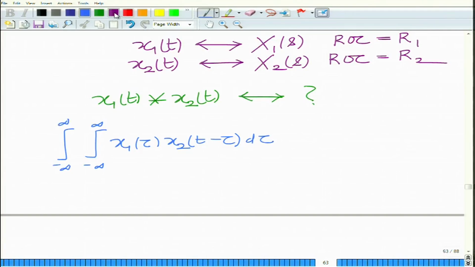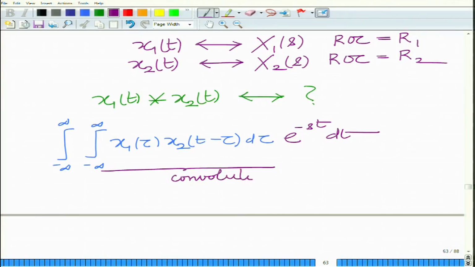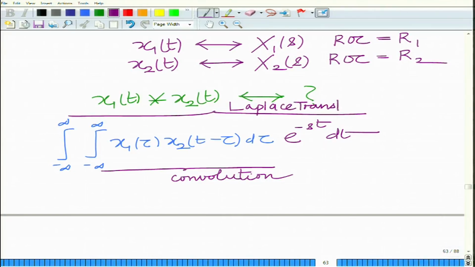So, this is the convolution, the inner integral, and you take the Laplace transform of this with e raised to minus st. Basically the outer integral is taking the Laplace transform of the convolution. Okay.